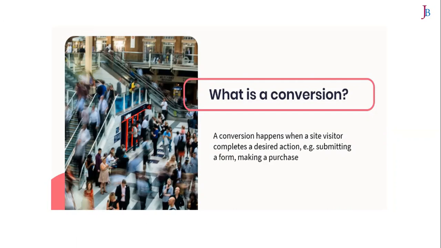We also call that step, which turns them into leads, a conversion. A conversion happens when a site visitor completes a desired action, for example, submitting a form or making a purchase.